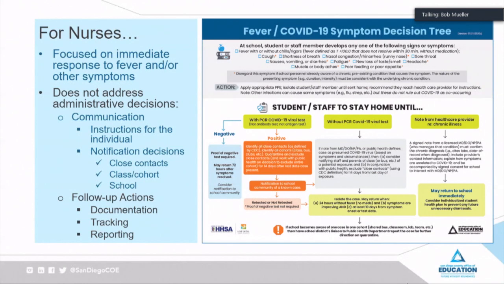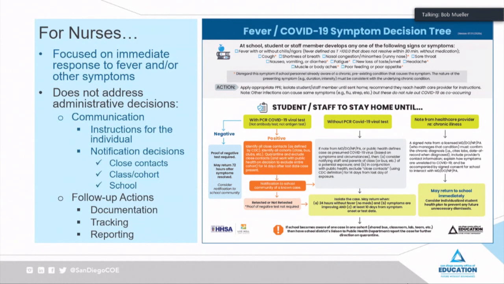The COVID-19 decision tree was a collaborative effort between SDCOE and San Diego County Health and Human Services Public Health Services Division. Their doctors and nurses in epidemiology worked with us to craft this decision tree. This presentation is based on what you see in the tree, but we've extended it a little bit further.